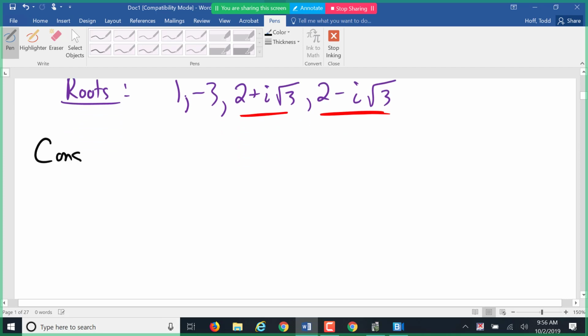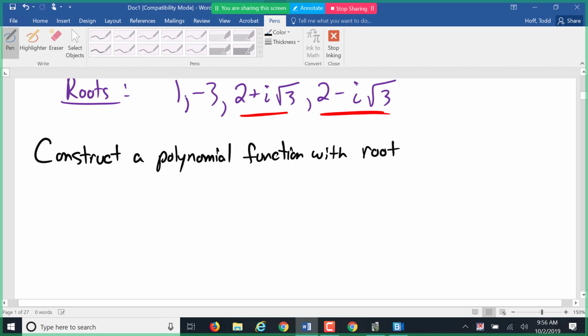I'm going to have you try another one here. I want to construct a polynomial function with roots 2 and, let's go, 3 minus i.